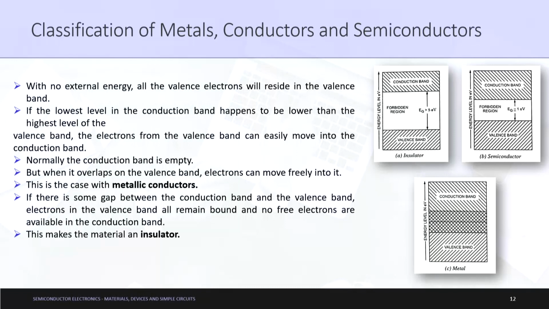With no external energy, all the valence electrons will reside in the valence band. Quite evident, because no energy is being put into the valence electrons. In chemistry classes, you may have heard that if a sufficient amount of energy is imparted to the electrons, let us say valence electrons, then the electrons get excited and can go on to the higher orbits.